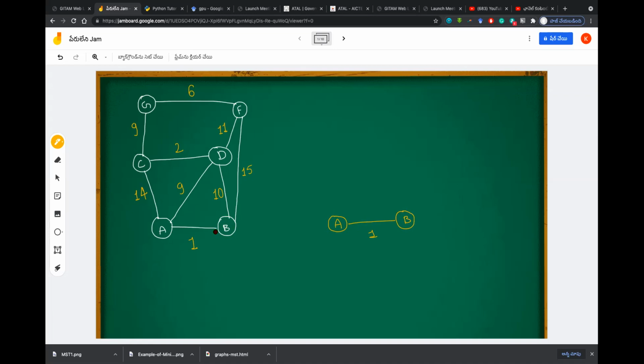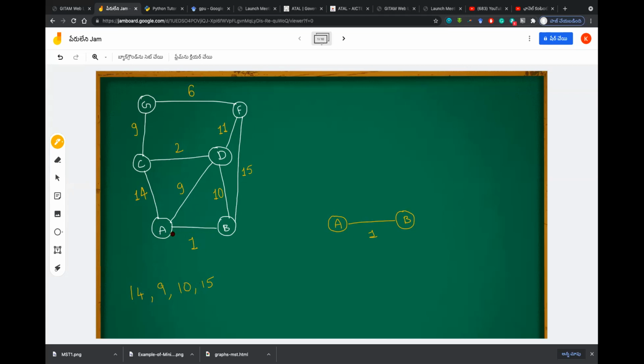From B, I will see that 1 is already satisfied. I will not only see from B the 10 and 15, but remember that I have to look into the leftover edges. What are the edges that I have left over? From A, I need to check that I am having 14, 9, and from B I am having 10, 15. That's what I said in the last video, in lecture 5.